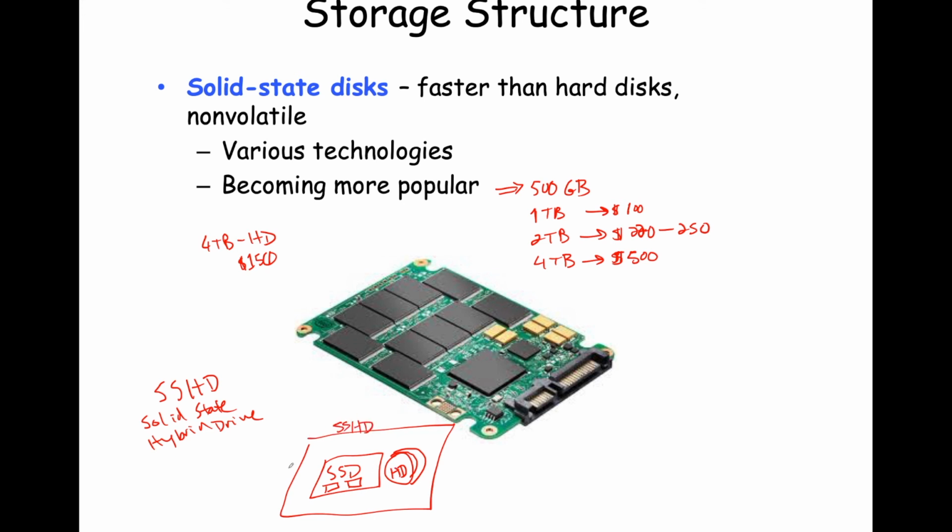And so what this device, this SSHD, does, it says, okay, I'm going to present a controller, and that controller is going to take data from the hard drive, but what it's going to do is put that data off the spinning platters, large chunks of it, in the solid state storage. Now, this HD is slower, but once you put a big chunk of data in the solid state portion, now every time you access that big chunk of data, you're going to take it from the solid state portion.